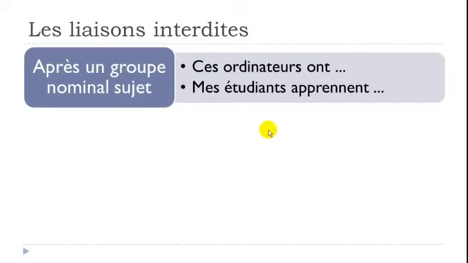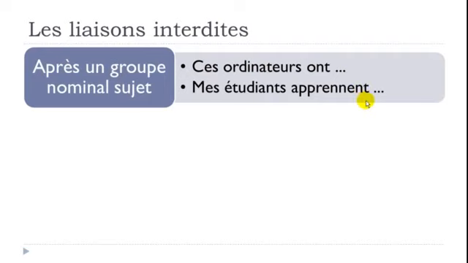And another rule is if you've got, like here, ces ordinateurs, or like here, mes étudiants. In these two sentences, ces ordinateurs and mes étudiants are the subject, and then you've got the verb coming after.